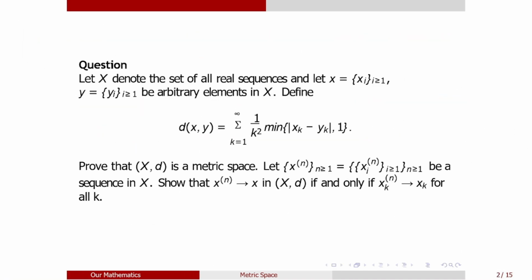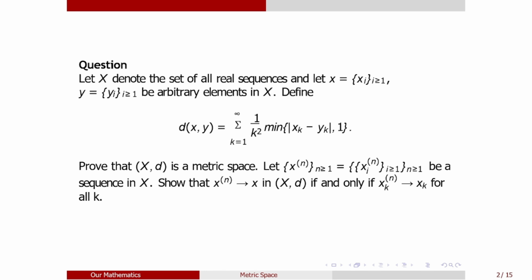Now xk is a sequence. What type of sequence? It is a real sequence. What is xn? Xn is a sequence in capital X, and capital X is the set of all real sequences. That means xn is a sequence of real sequences, and it converges to an element of capital X, which is a real sequence.